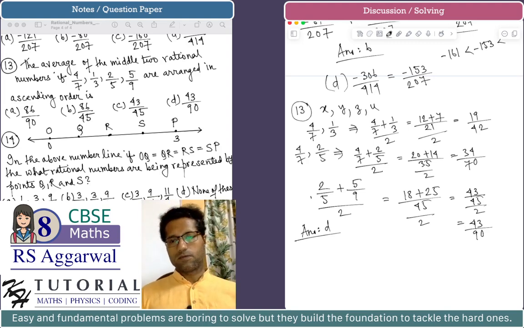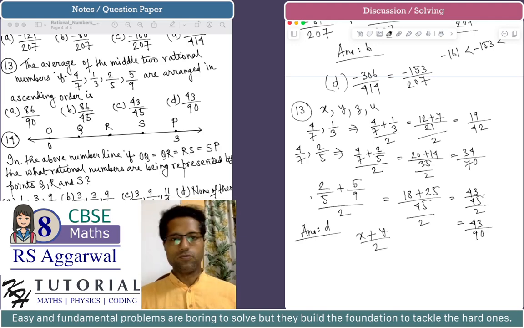Okay, so this problem you need to solve without actually sorting the given four rational numbers in ascending order. Just by seeing the choices, just by seeing the denominator, because whatever the middle terms will be, let's say if it is x plus y, then the average will ultimately be (x plus y) by 2.